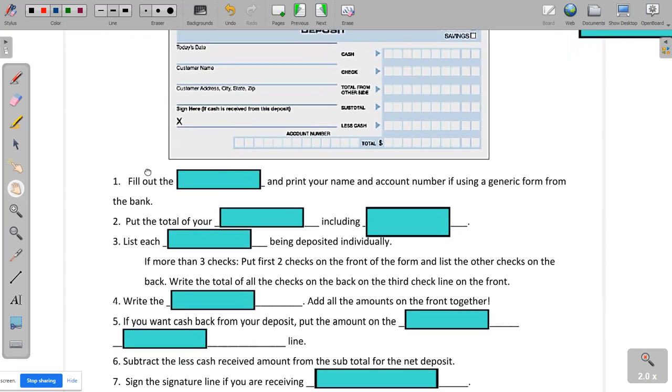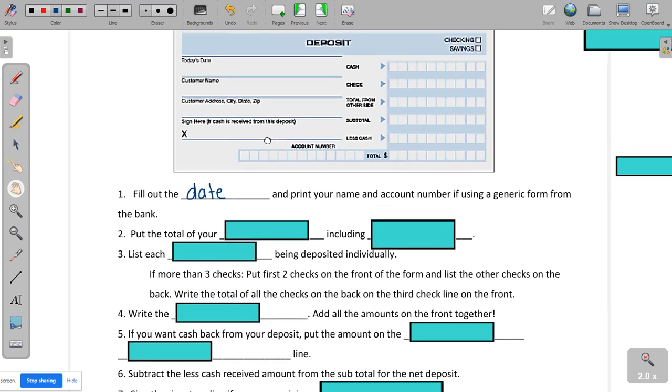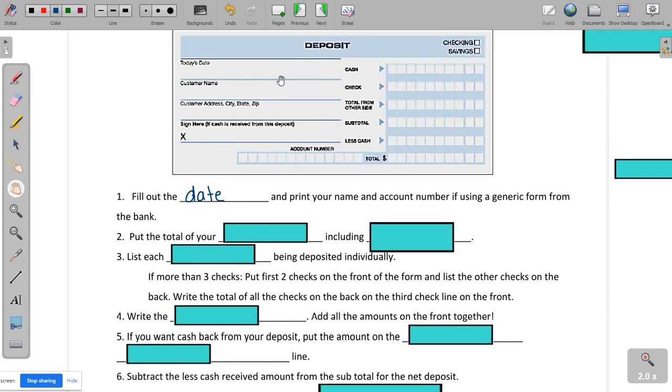So, how to fill out a deposit slip? The first thing you're going to do is fill out the date and print your name and account number. That's if you're using a generic. So, your date would go here, your name, and then your account number.